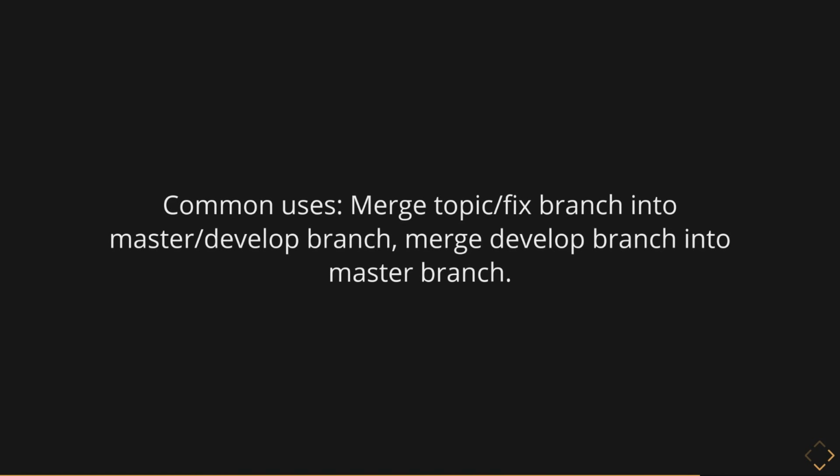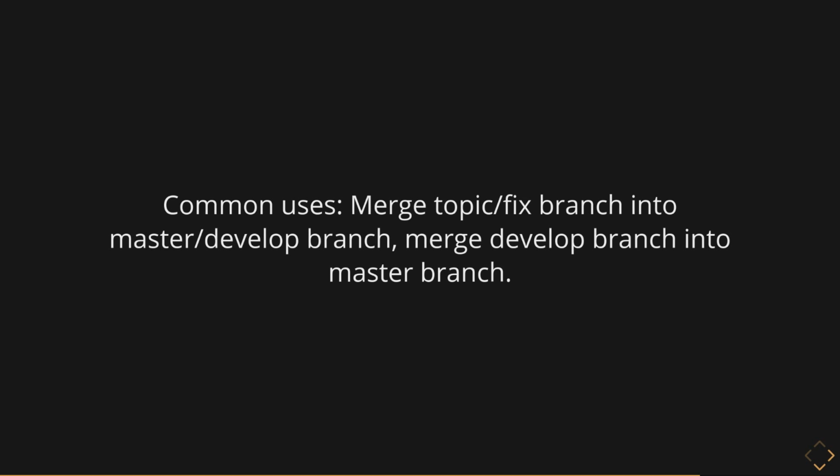Now, a very common part of the workflow in Git is that you have, remember we talked about this, topic branches, these short-lived branches, which is where you do work, where you actually develop features.